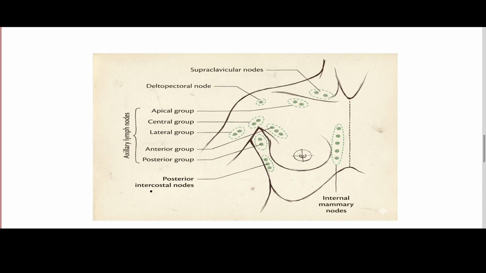Now, in the breast, the lymphatic drainage is organized based on what part of the breast is being drained. So there are two main groups. We have what we call the superficial lymphatics, and we have the deep lymphatics.